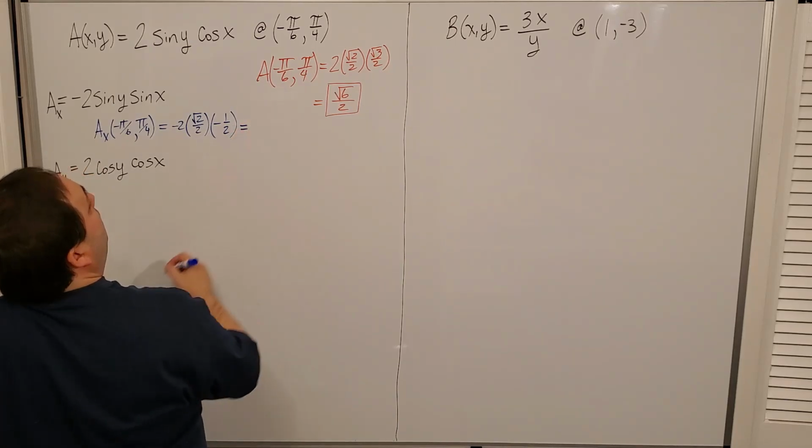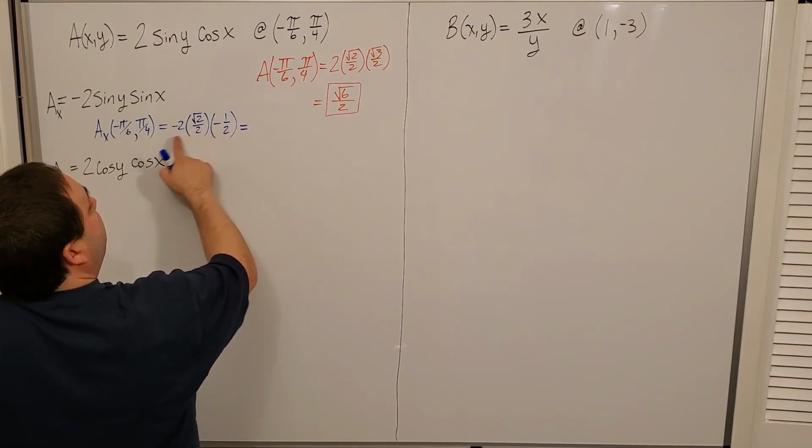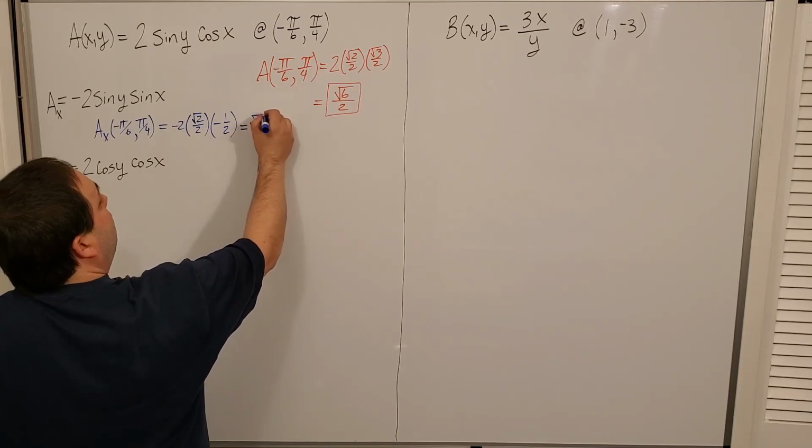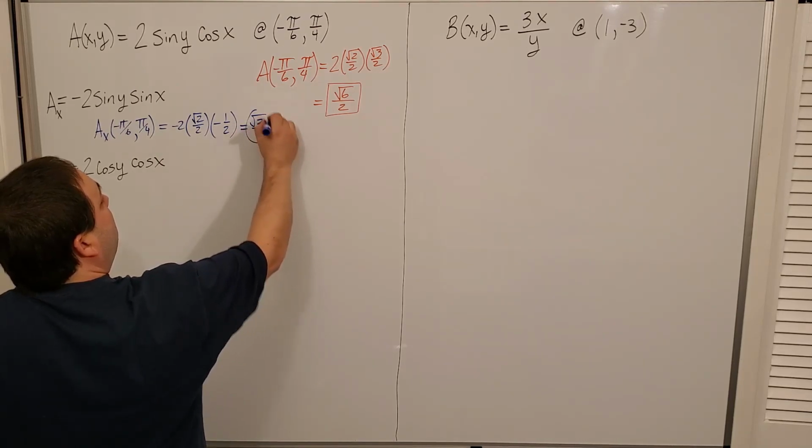So I'm ending up with a positive, square root of 2 over 2 for that piece.